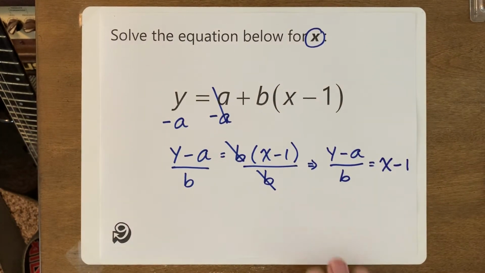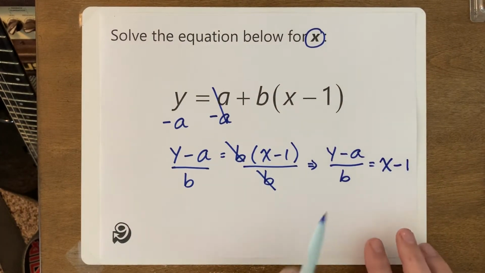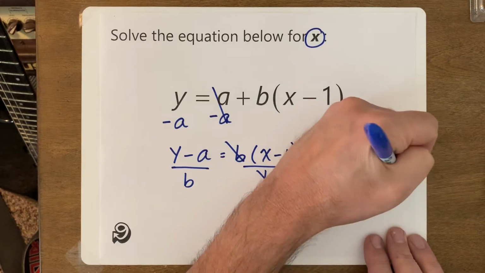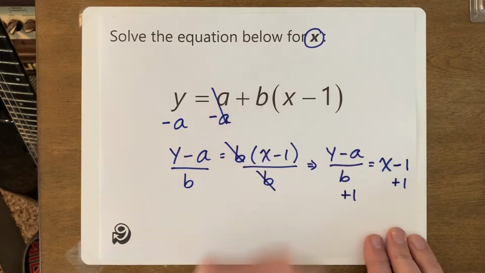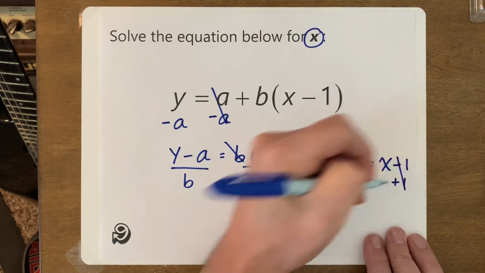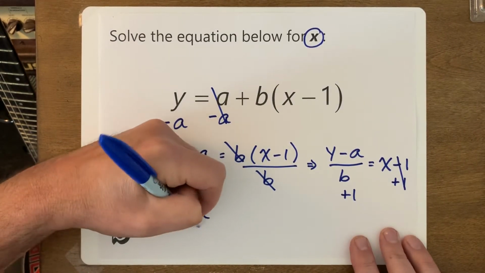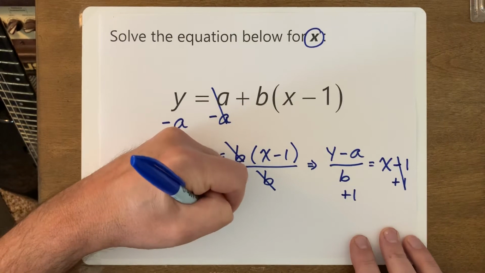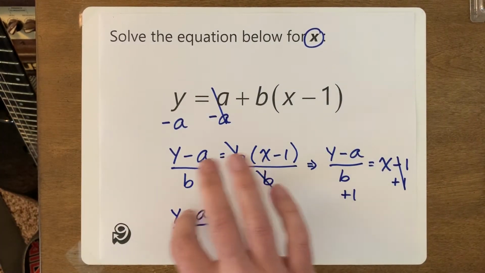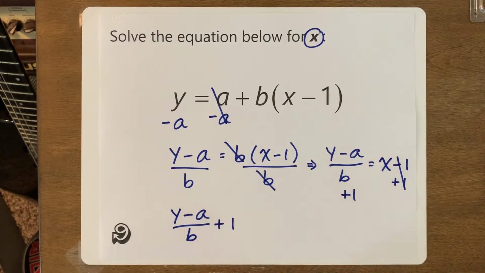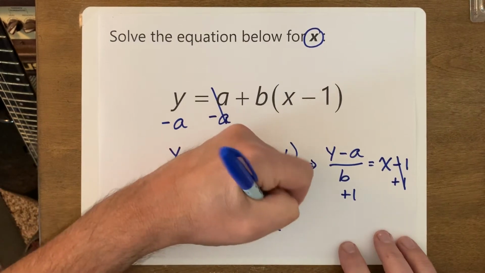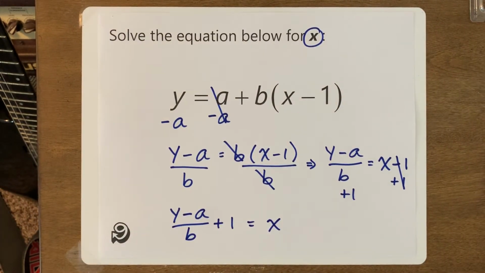And after you've seen a few of these, you can kind of predict what you're going to do next. If I want x by itself, I just have to add 1 to both sides, like that. 1's cancel, and now I have (y minus a) over b, plus 1 at the end. I don't want to add it up just up here, it's added to the whole thing, equals x. And now x is by itself. And it really does just take a few seconds to do these once you get the hang of it.